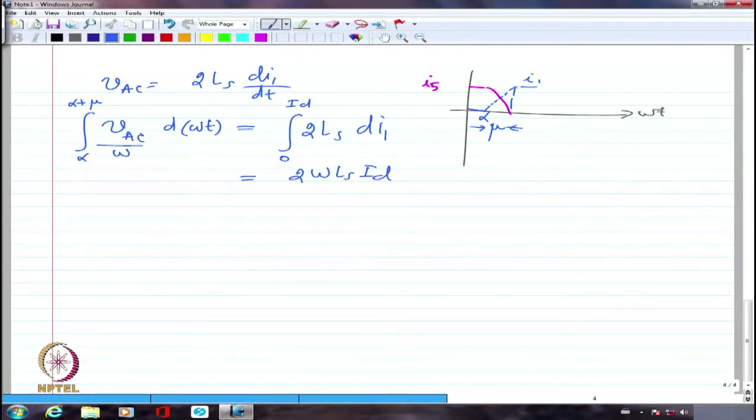Now on this side, I have to write VAC d omega t. Alpha calculation is always done based on VAC. So we are very clear VAC can be written as Vm sin omega t. Straight. No problem. So I can simply write this as Vm cos alpha minus cos of alpha plus mu. That's it.